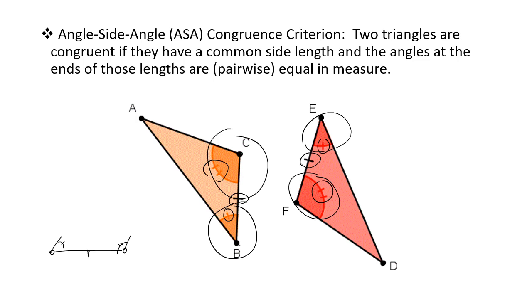If I'm starting with these 3 parts for every possible triangle like this, then I know that this line is going to continue up, and this line is going to continue up, and they're going to hit at the exact same place, no matter what. And once we know that, then I know this side is going to match this side, and this side here is going to match this side here.